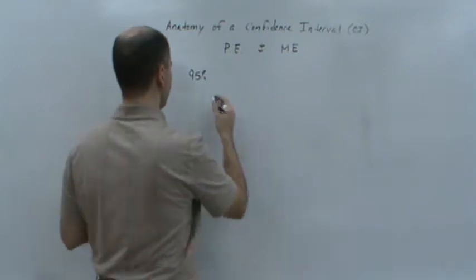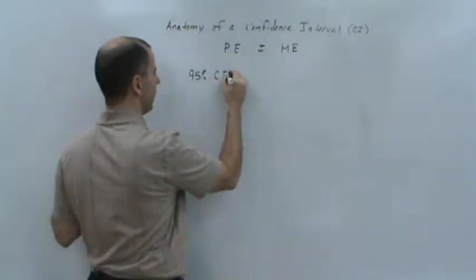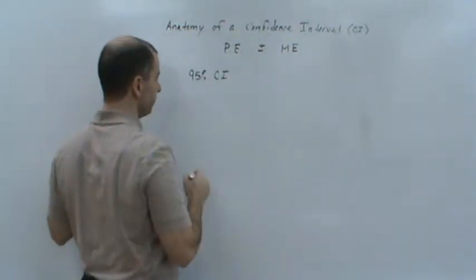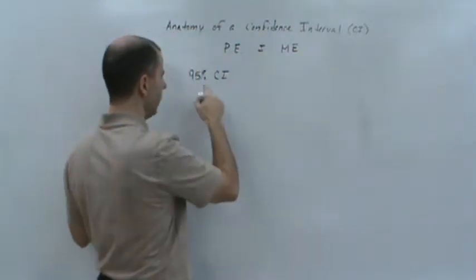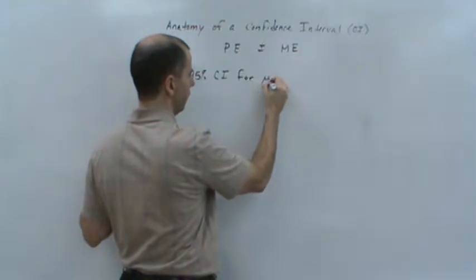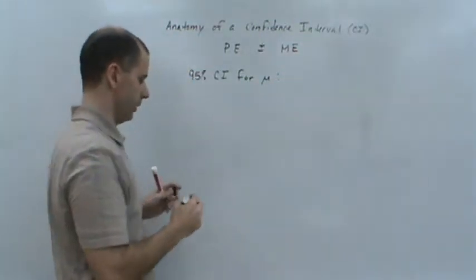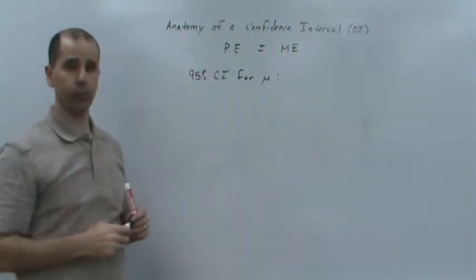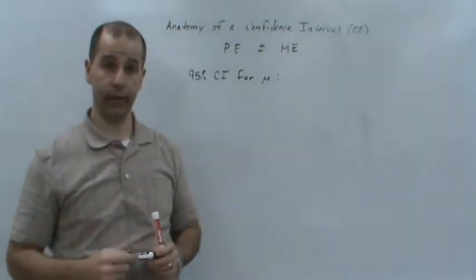Let's say we want to be 95% confident. So we want a 95% confidence interval for the population mean, mu. So what point estimate should we use to target mu?